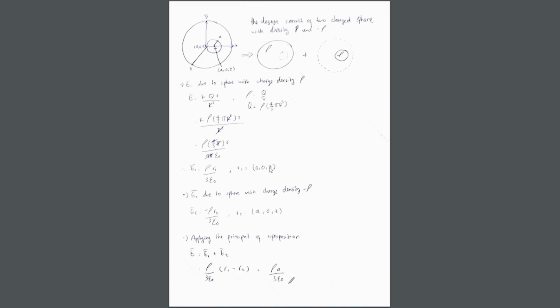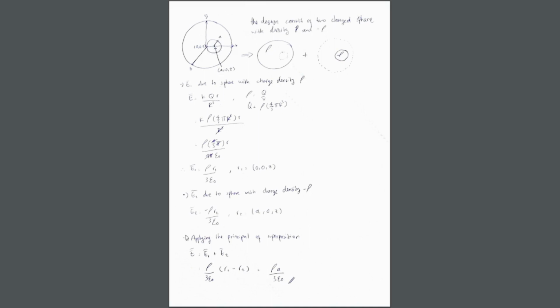For the second charge, since the only difference is the rho, which is minus rho, E2 is equal to minus rho times R2 over 3 epsilon. For the first one, R1 is coordinate 0, 0, Z, which is in the middle here. And the second is A, 0, Z, which is in the middle of the second charge.